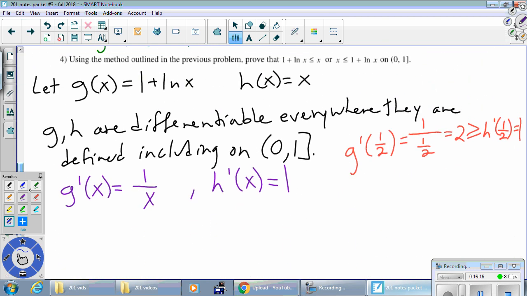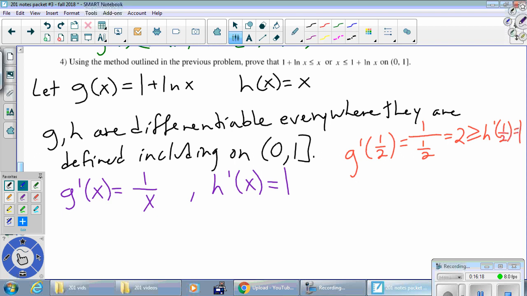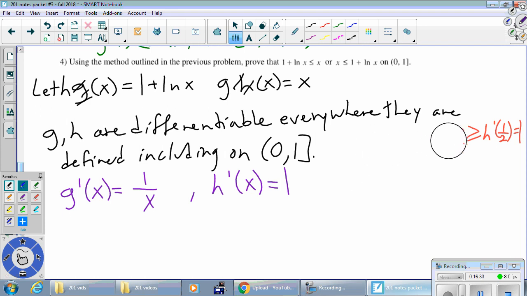I'm going to backtrack, and I'm going to change my definitions. I'm going to say let h of x equal 1 plus ln of x, and let g of x equal x. Everything we said about differentiability is still true. We're going to hide the evidence over here, and we're going to change this so it is now h prime, and this is now g prime.